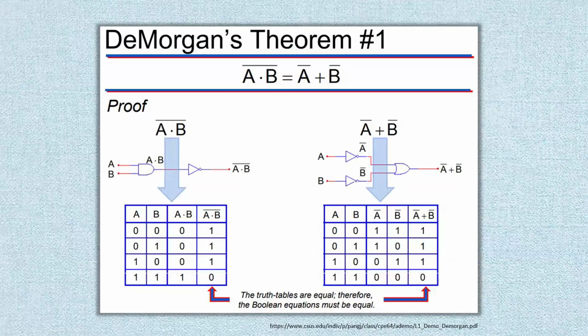Shall we prove that it works by looking at the truth tables? Let's do that. A and B, inverted, equals inverted A or inverted B.